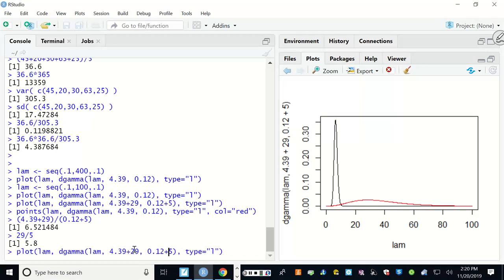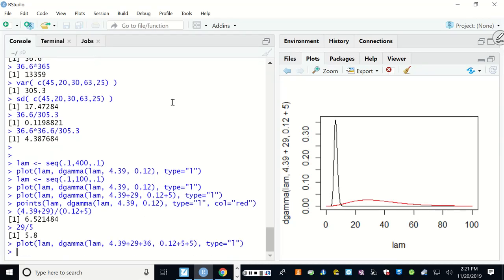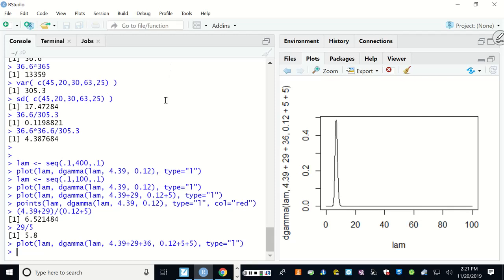Now the next sum was 36. We've added 5 more days, so there are 5 more contributions to the likelihood. There's e to the negative lambda 5 more times, and so it gets added in there. And so this is the posterior distribution now, tighter. Maybe let's change lambda again.